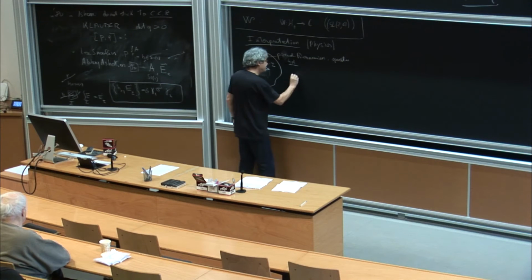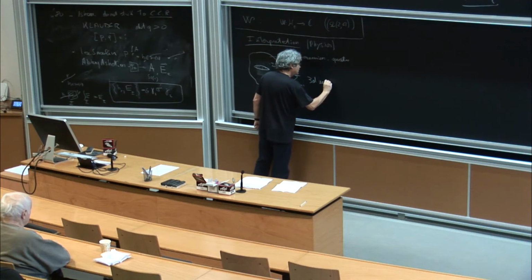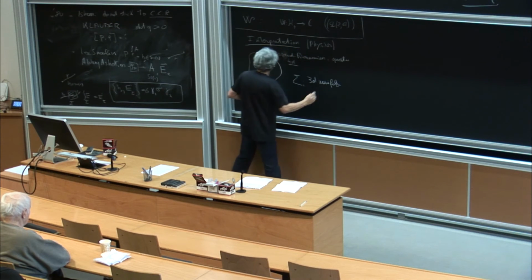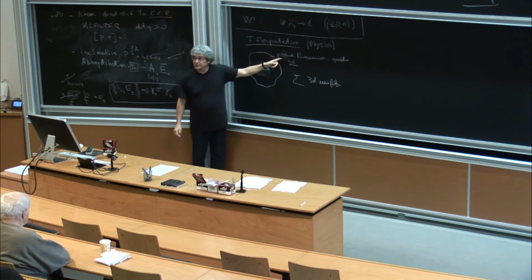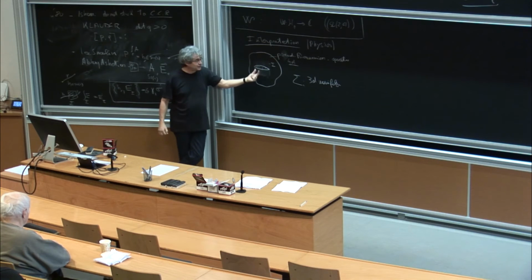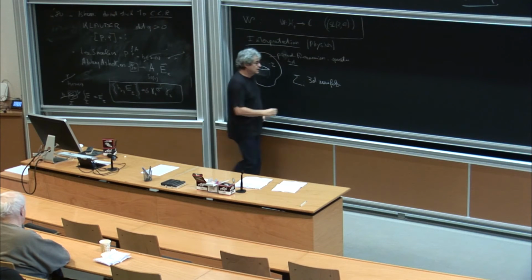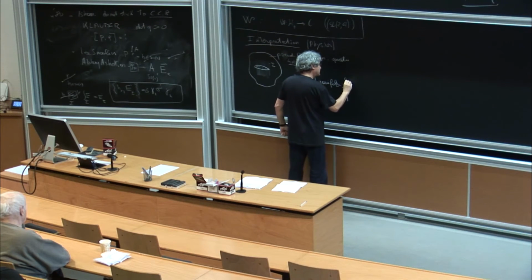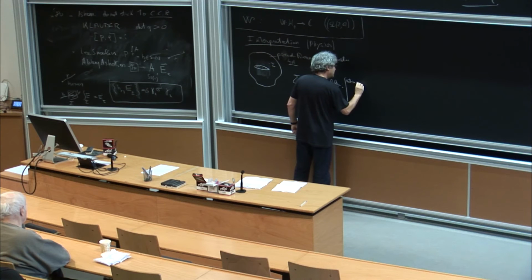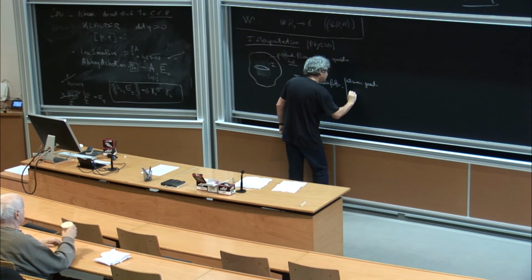So sigma is a 3D manifold that inherits from the pseudo-Riemannian manifold a geometry, just a definition of distance that goes down to it, and an extrinsic geometry, how it's folded in 4D. So it has an intrinsic geometry, and it has an extrinsic geometry.